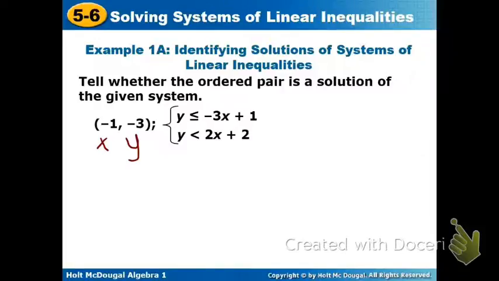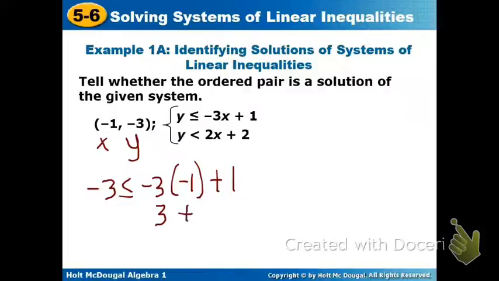I'm going to replace y with negative 3, and then replace my x with a negative 1. So let's see if this holds true. Negative 3 times negative 1 is a positive 3. 3 plus 1 is 4. So is negative 3 less than or equal to 4? Yes. So as of right now, the first one is good.